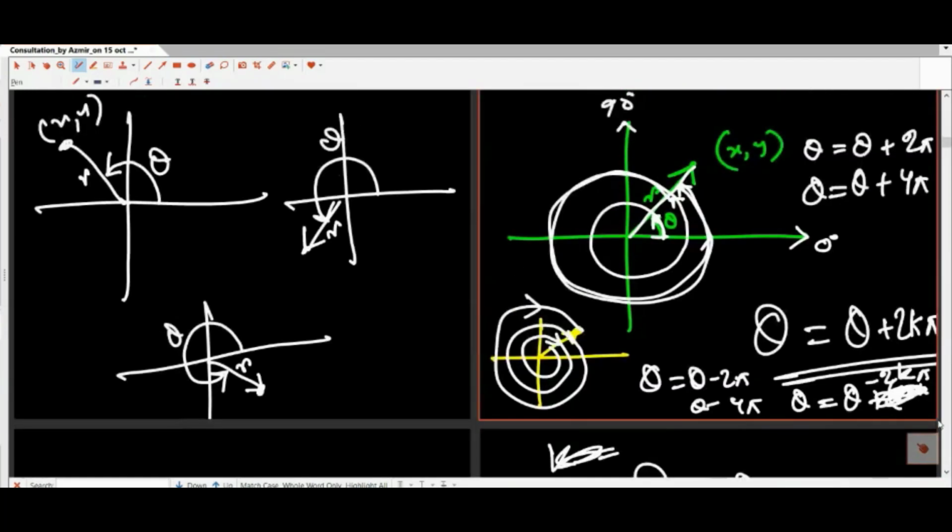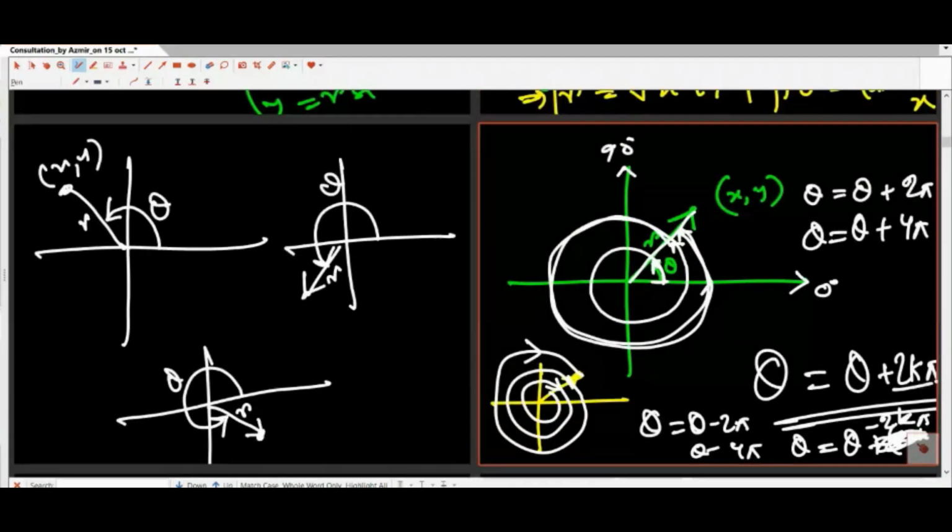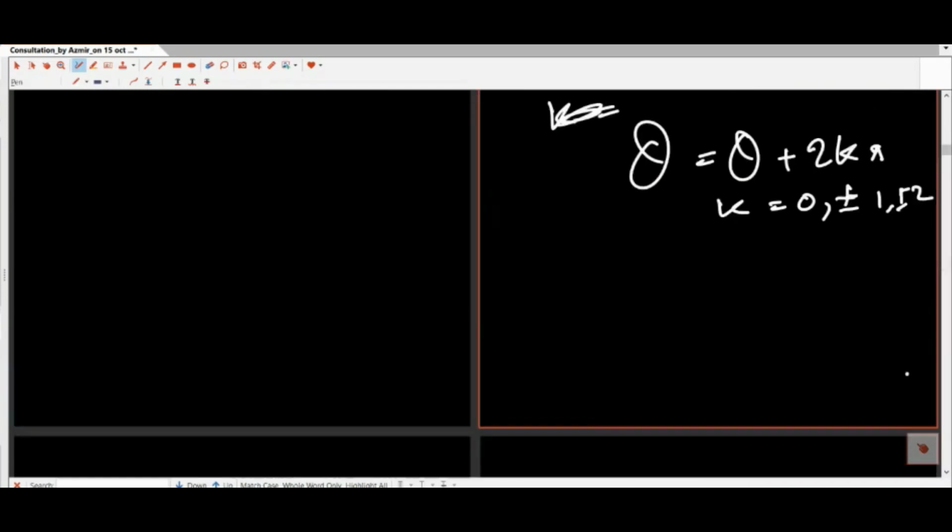Now, you may be wondering how I am writing 2k pi. Whenever we make one rotation, we have theta plus 2 times 1 times pi, that is, here k equals 1. When we make a second rotation, we have theta plus 2 times 2 times pi, so that is the value of k. That's why I have written 2k pi.